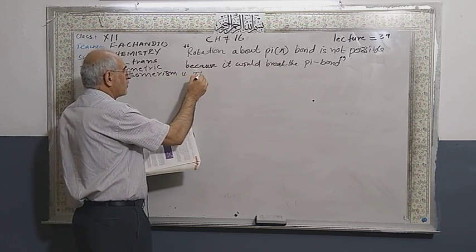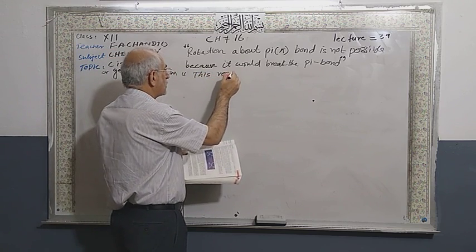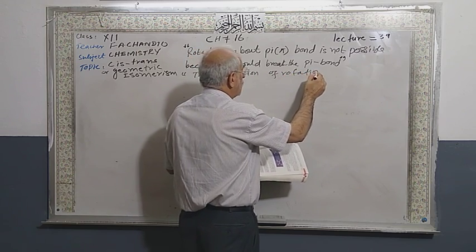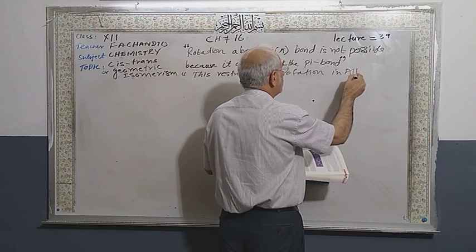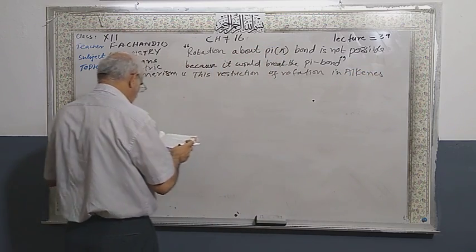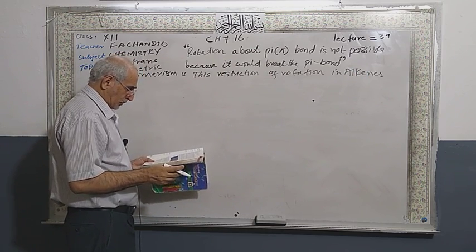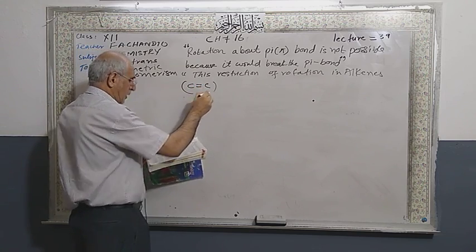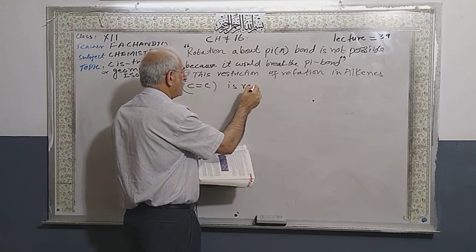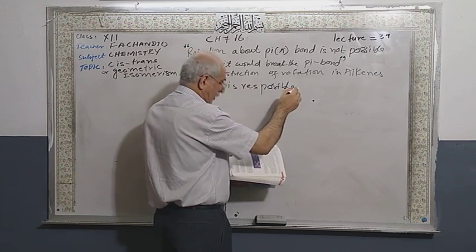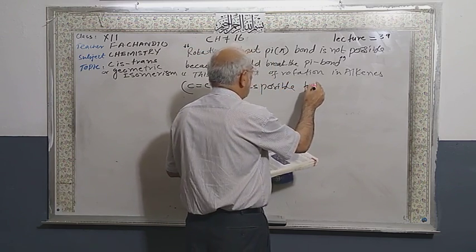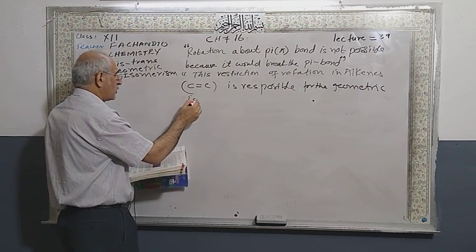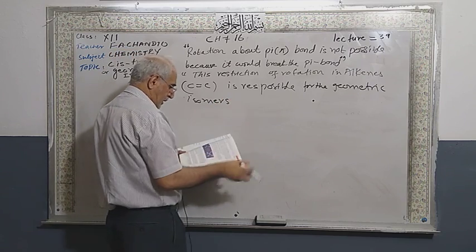Like this, the restriction of rotation in alkenes, this restriction of rotation between the carbon-carbon double bond, is responsible for the geometric isomerism.